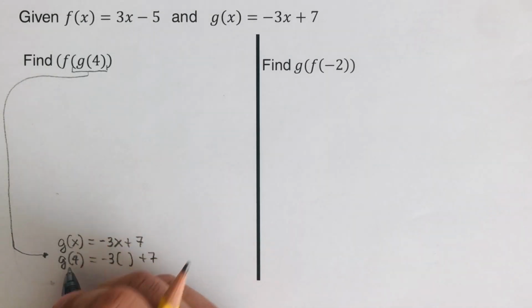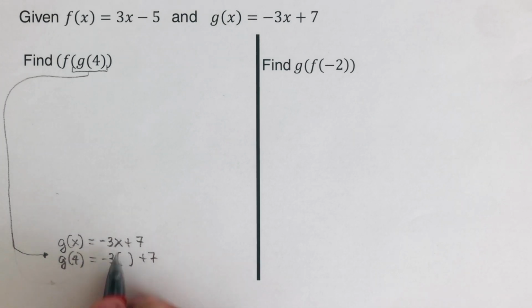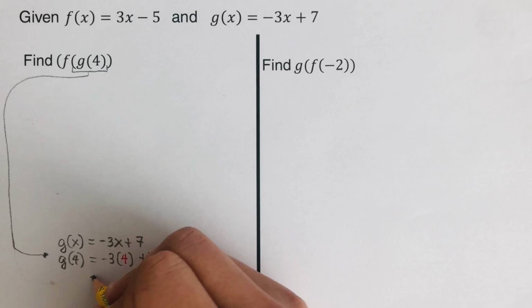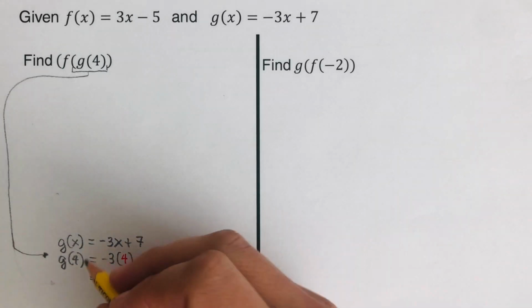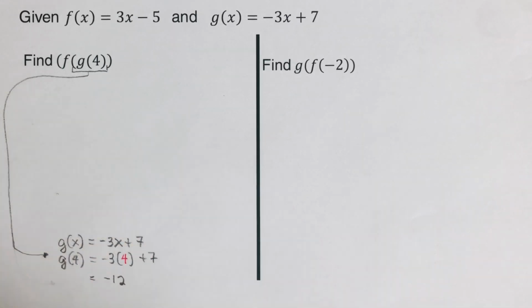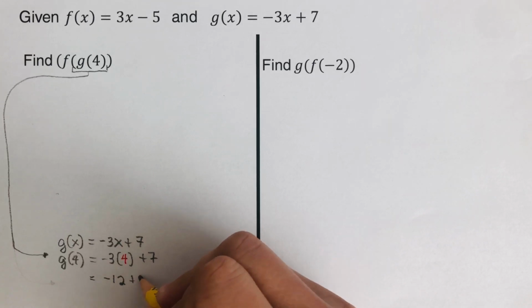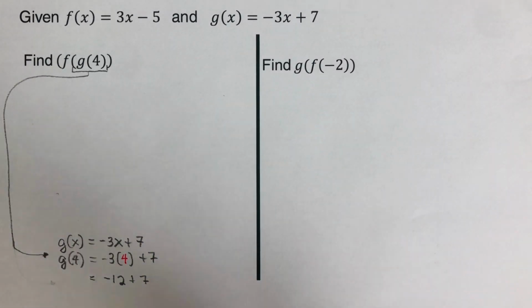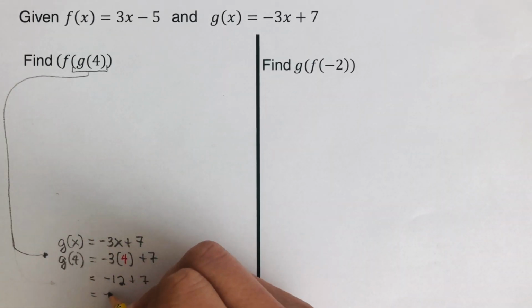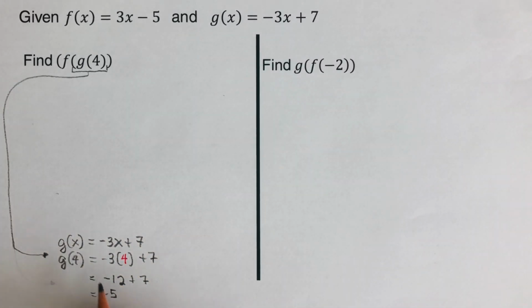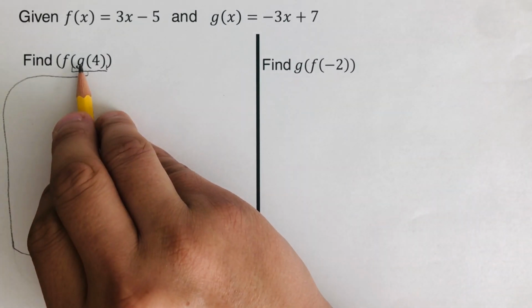Again, the x was 4, so I change all the x's to 4. The g of 4 would be negative 12 plus 7, which is negative 5. So this negative 5 is actually the g of 4.